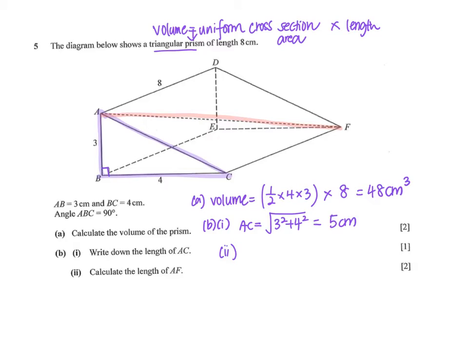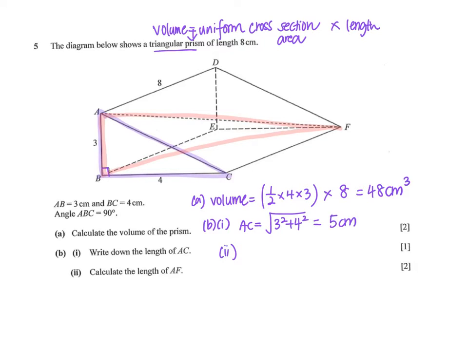Okay, so we actually have a 3D diagram over here. If this is going to be AF, I'll need to find a right angle triangle somewhere. Now I know that AF is horizontally across from A, and to find A to the position F, I know that there's a vertical height here, 3, and I connect it to AB and the point F. What do I know about this triangle?